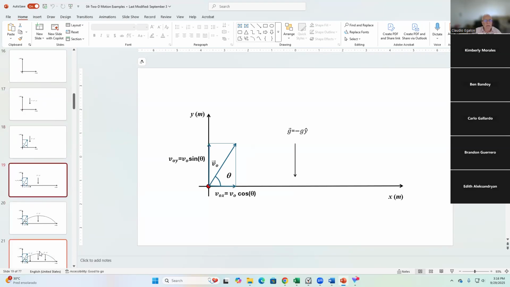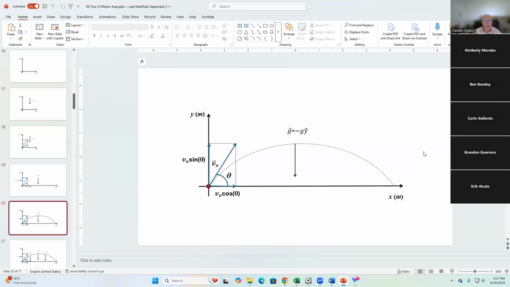And here is the representation of the components of this vector, the initial velocity. Okay, and it's gonna look like something like that. We already know that if there is no air drag, the path that the projectile takes in the two-dimensional XY space is going to be a parabola, but we can prove that mathematically, okay?